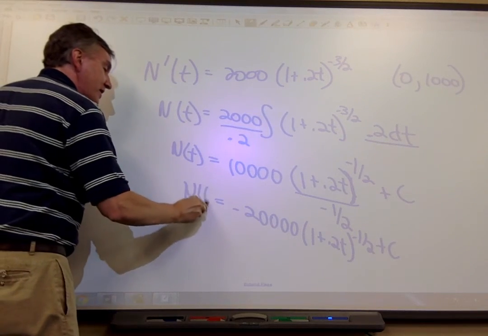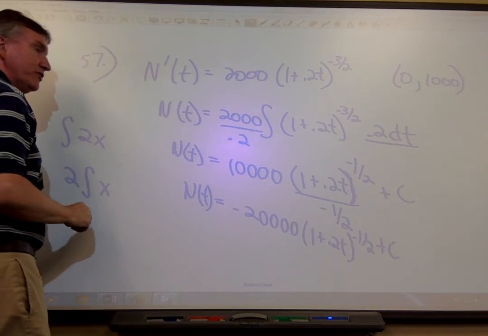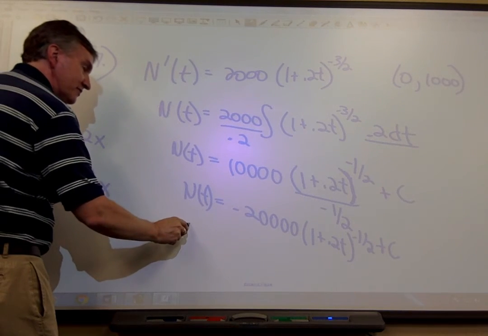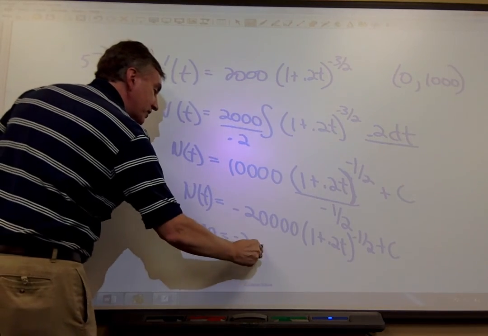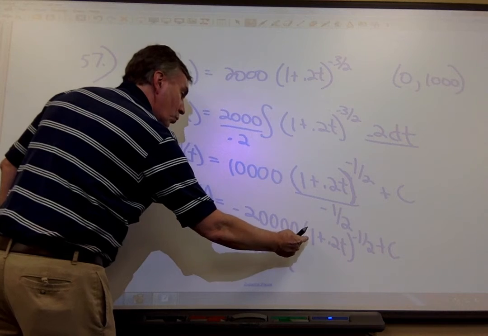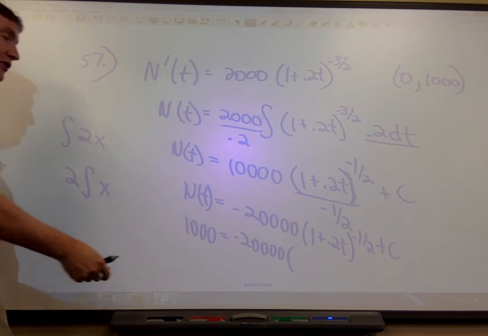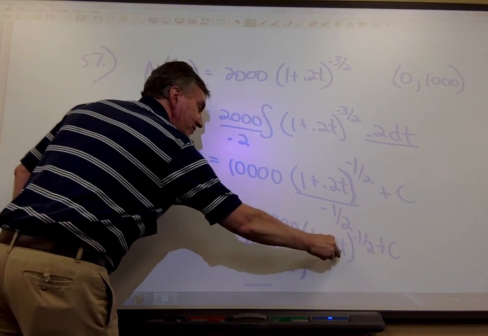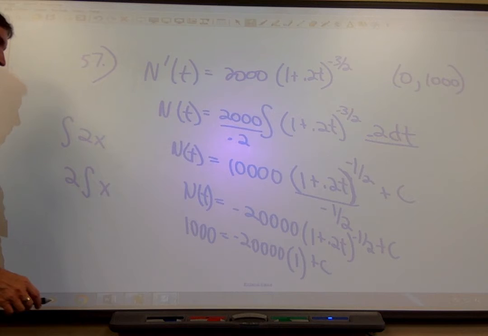Okay. Now if I put in t is 0 and n of t is 1,000, let's find c. 1,000 equals negative 20,000 times 1 to the negative 1/2, which is just 1, isn't it? If that's a 0, so would you agree that c is 21,000?